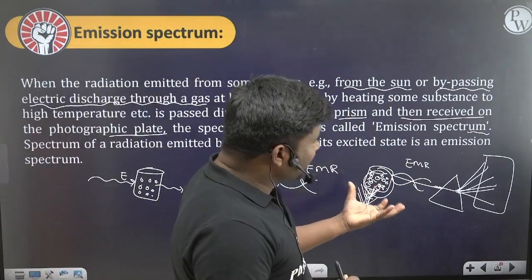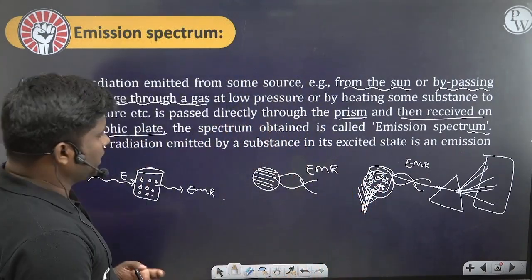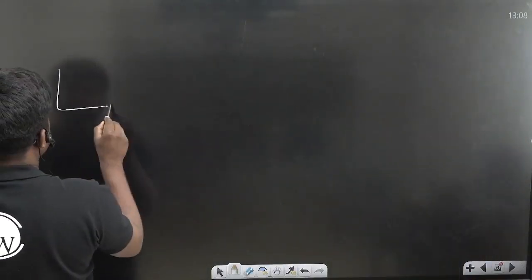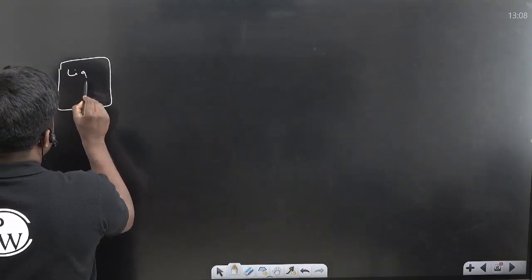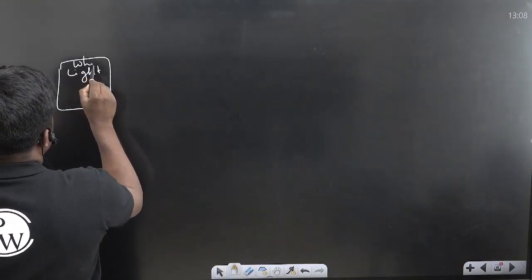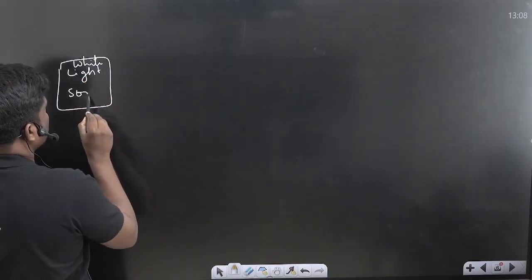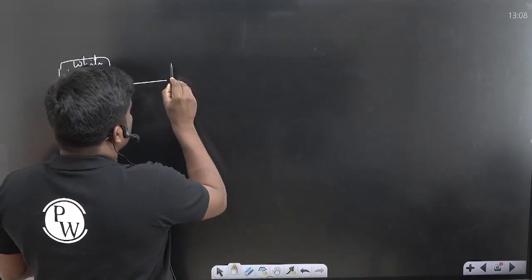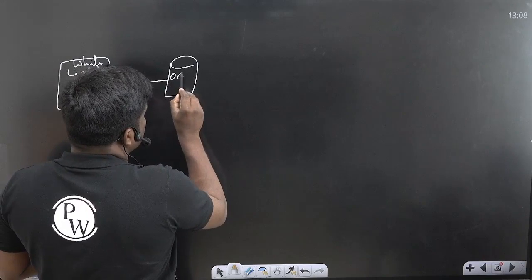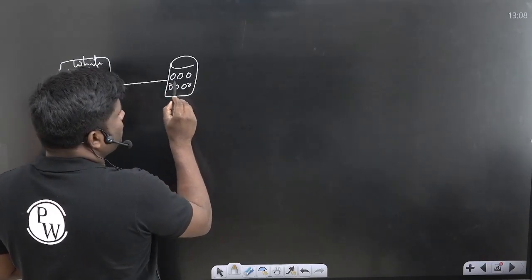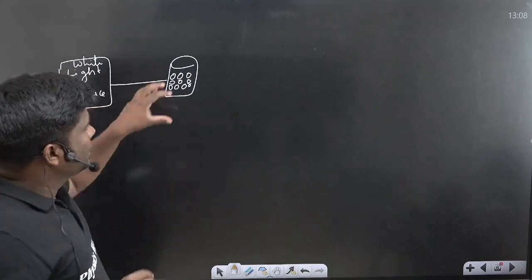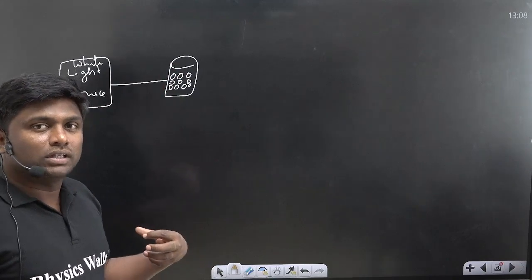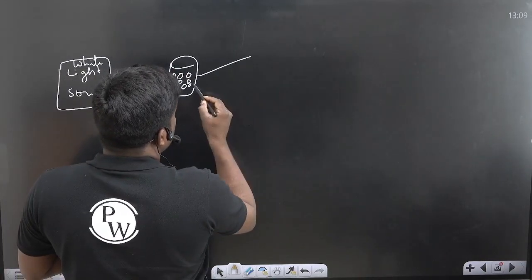So, emitted radiation, it means, for example, see carefully, we have a white light source here. White light source. There is a white light source. From a white light source, what colors come? VIBGYOR colors come. From this source we are heating a gas. Taking the white light, what we are doing is heating the gas, so that this gas is absorbing some radiation, and it is emitting the remaining radiation.